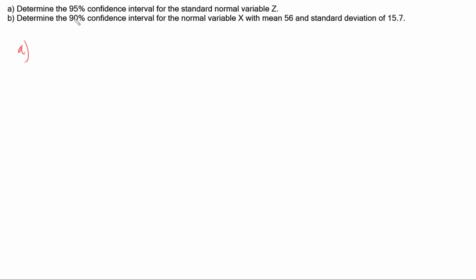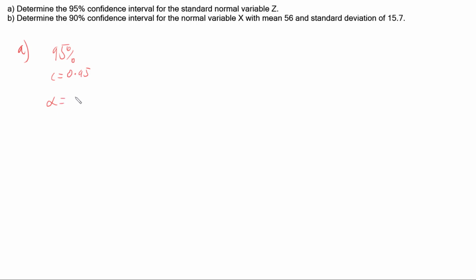For part A we've got a 95% confidence interval, and so that means that my confidence level, which is just C, is going to be 0.95. To find our confidence interval, we need to know the proportion, which is given the letter alpha.